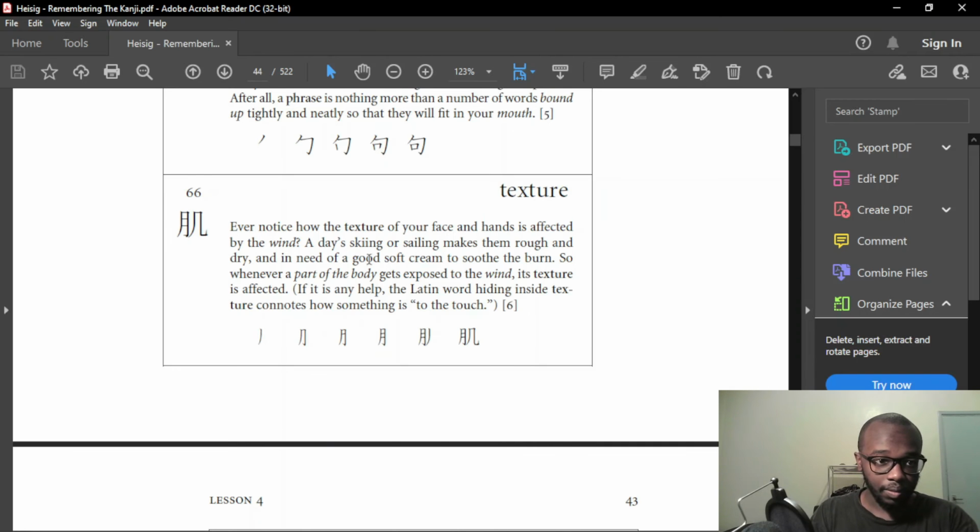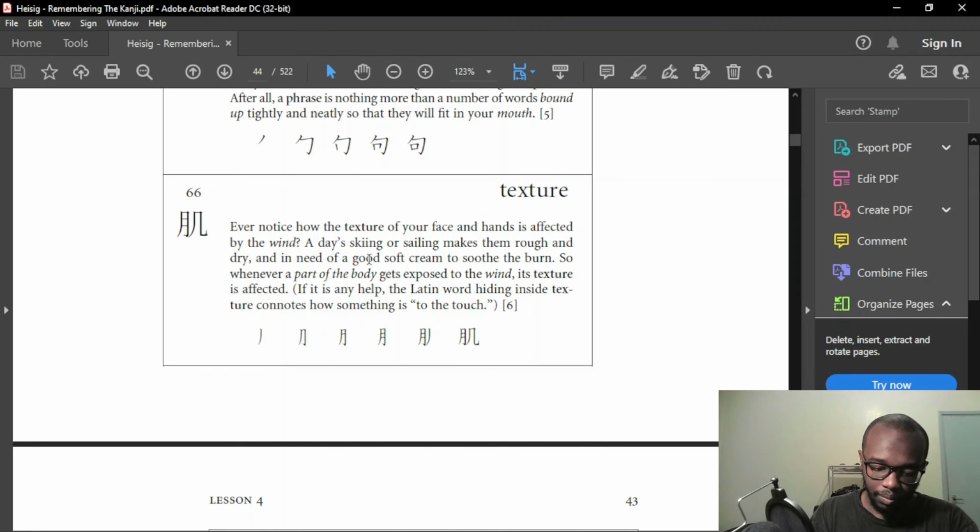So this one, it's still wind. It looks like the wind, moon and wind. I think this one will be for me.